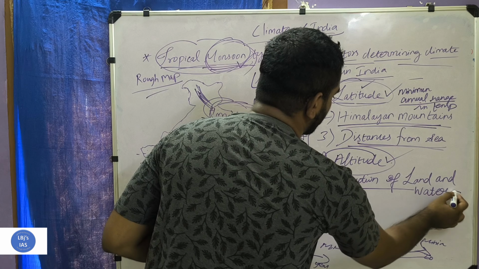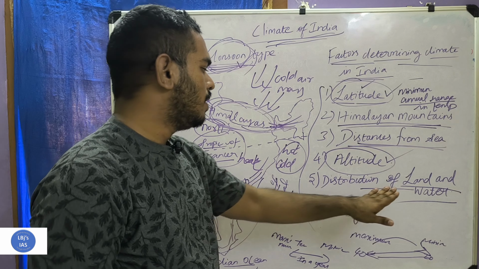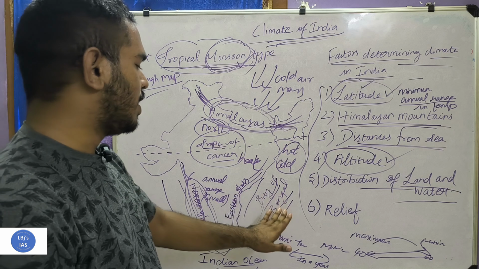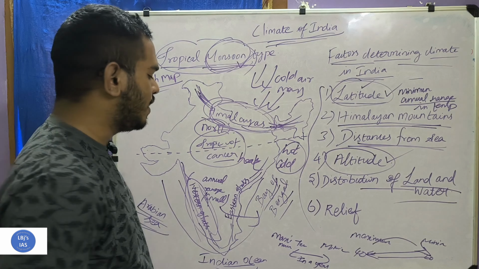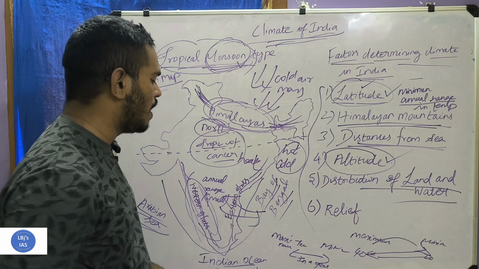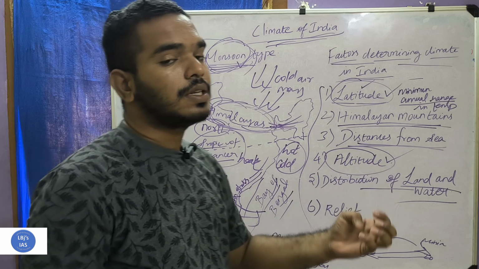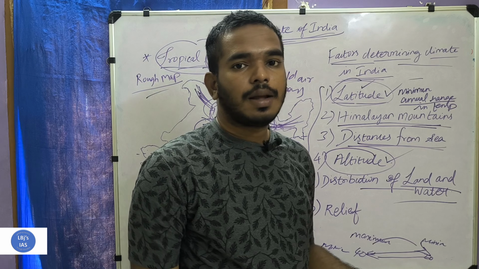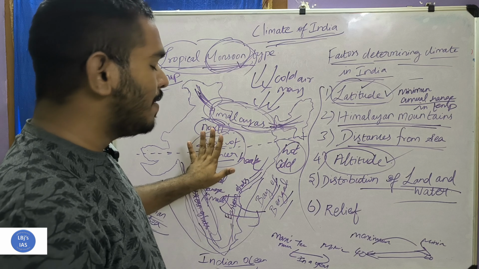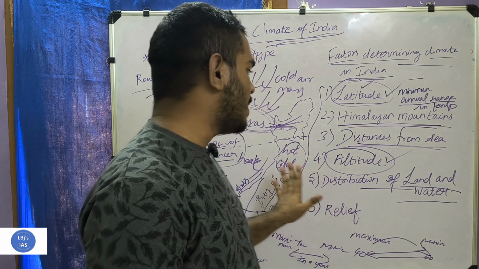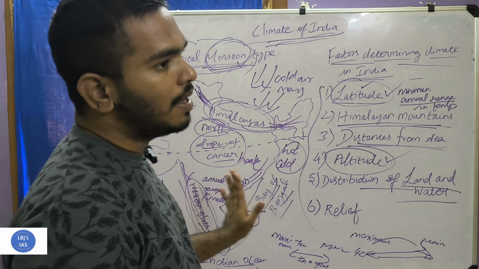Next, distribution of land and water. As already said, temperature is transferred from land to sea, and also from sea to land. Whenever there is a very high temperature on land, the sea water receives that heat to cool the land area. Whenever there is a very cold climatic condition on land, the sea water warms the land.